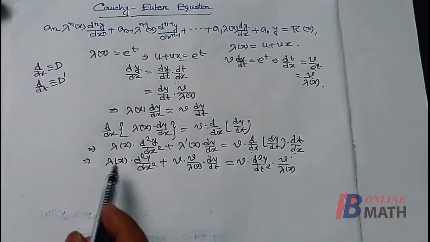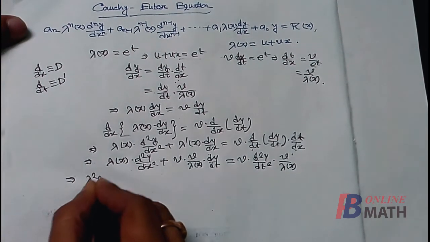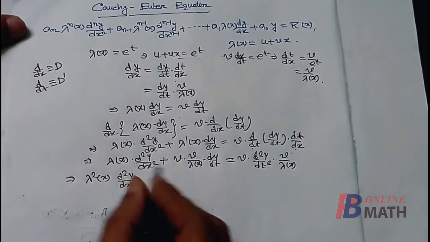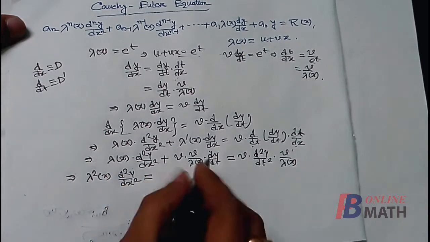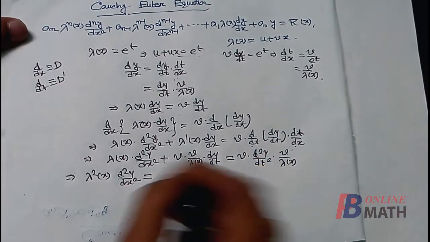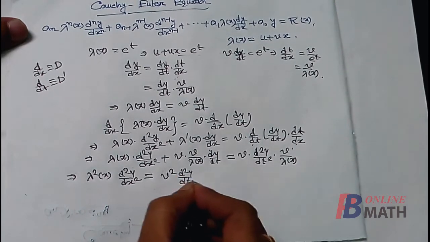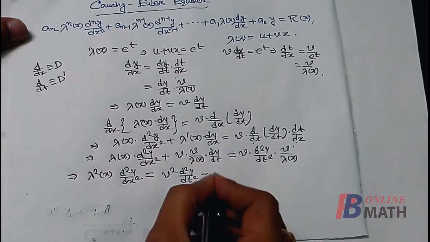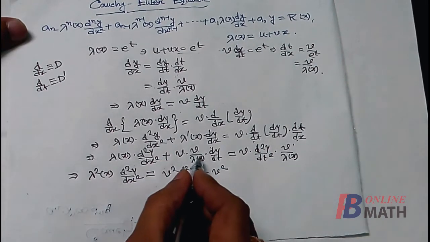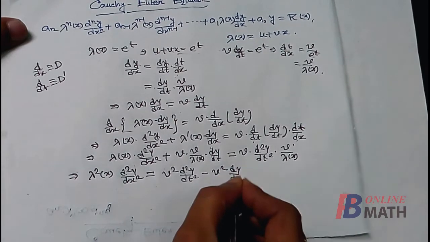Next we shall multiply this equation by lambda x, so it becomes lambda square x d2y dx2 equal to, we are taking this part to the right hand side. So first of all we write this part, this is v square into d2y dt2 minus, so if we take this on the right hand side, after multiplying by lambda x, this term will cancel out, so it is v square dy dt.